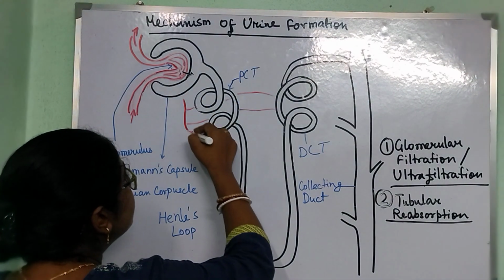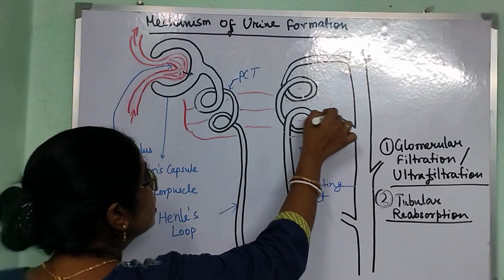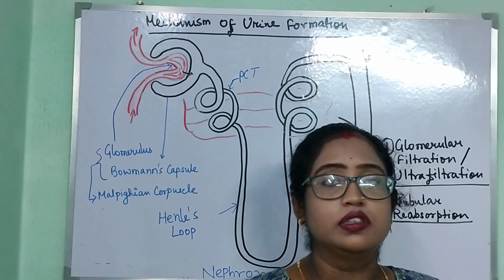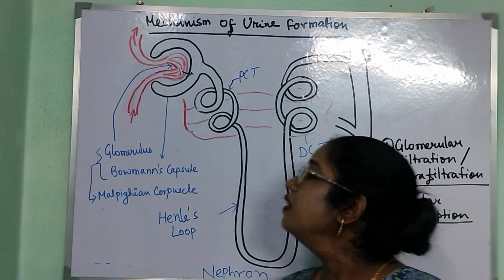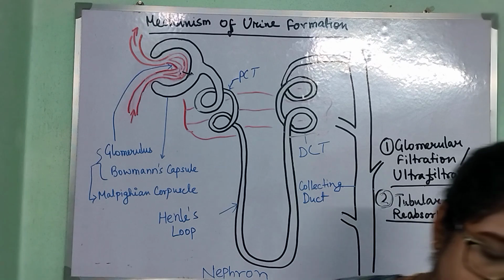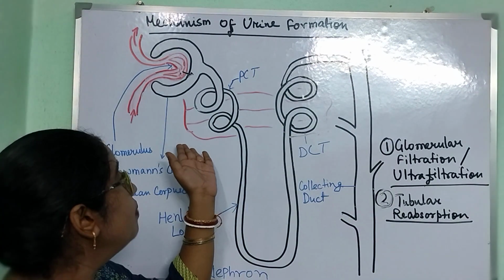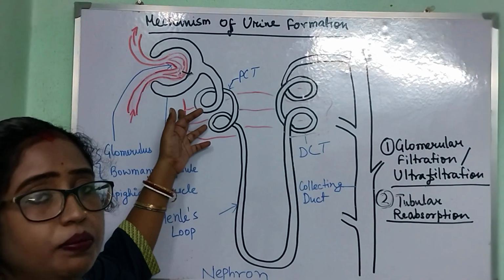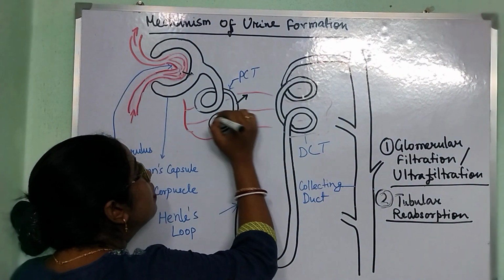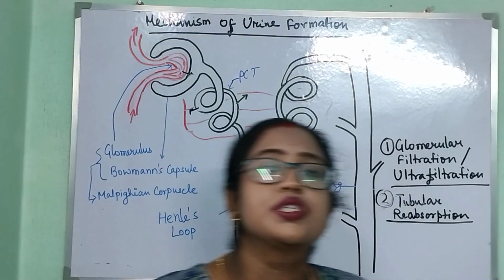There is a vast network of blood vessels around the DCT and PCT. So the excess water, along with glucose, other minerals, salts, and amino acids, is reabsorbed from the PCT into the blood vessels.